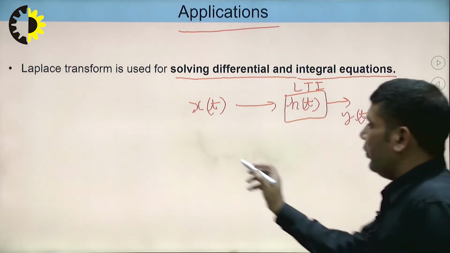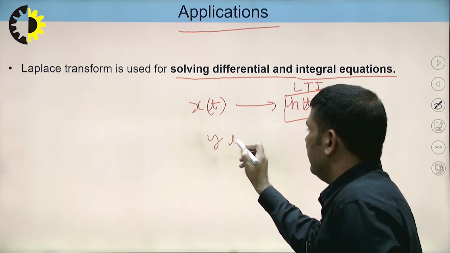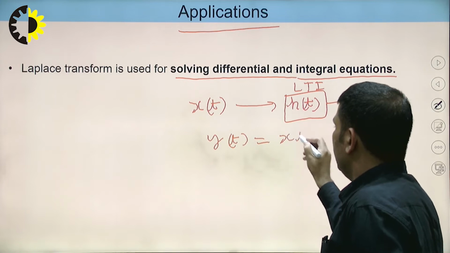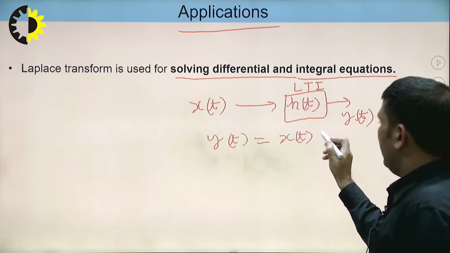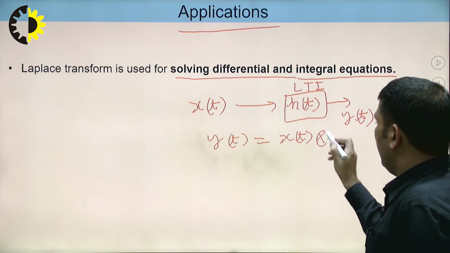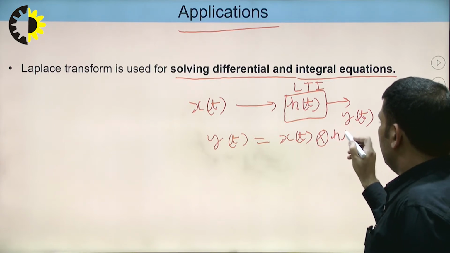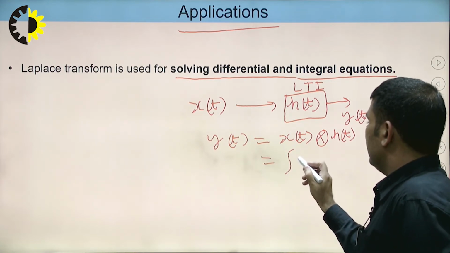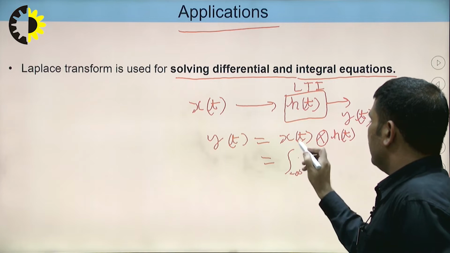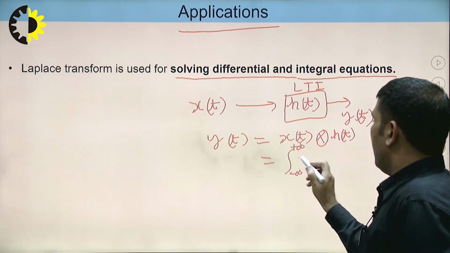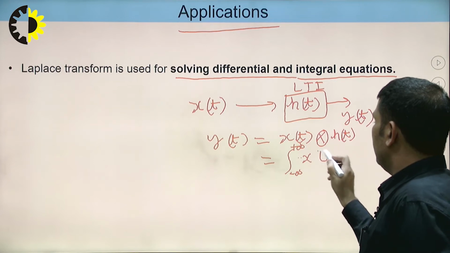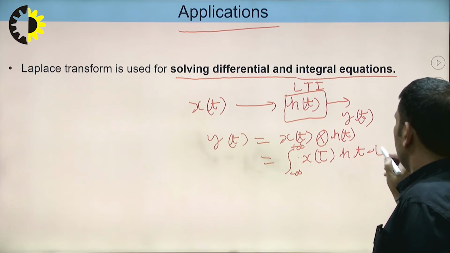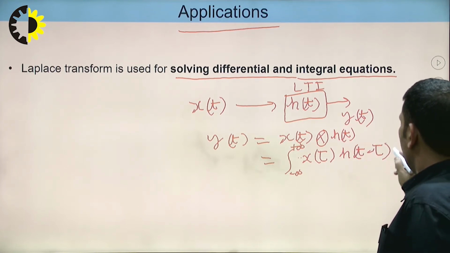So what will be the output here? y(t) will be equal to x(t) linearly convolved with h(t), and if you solve it out, that comes out to be the integral from minus infinity to plus infinity of x(tau) h(t minus tau) d tau.